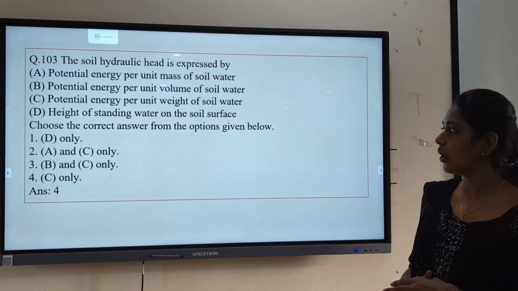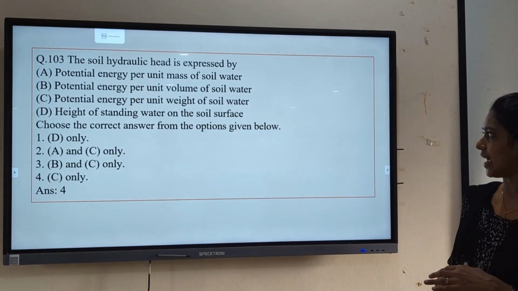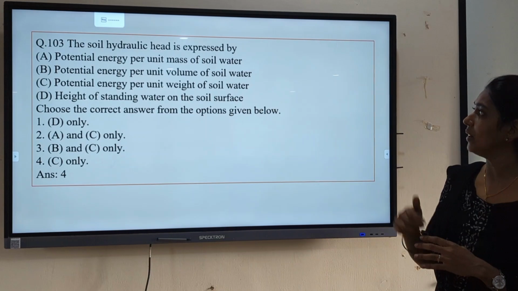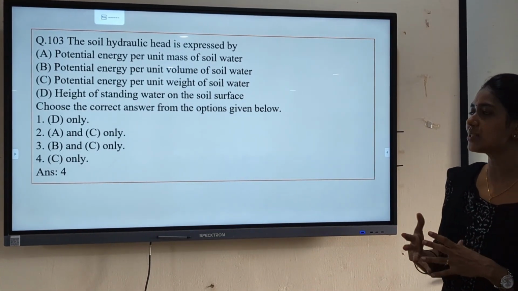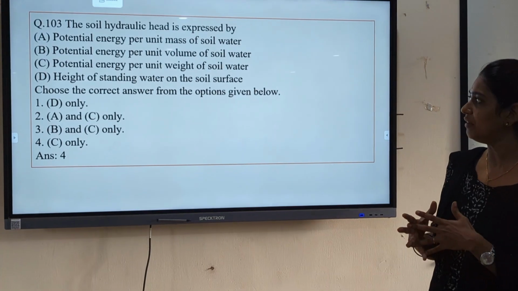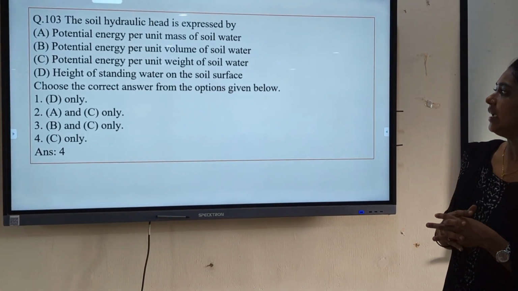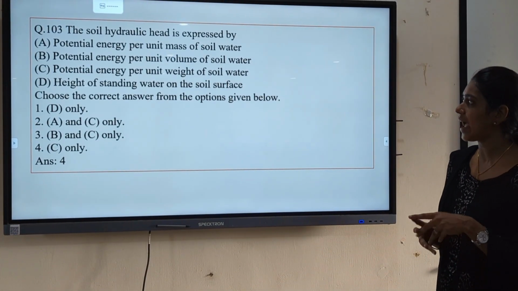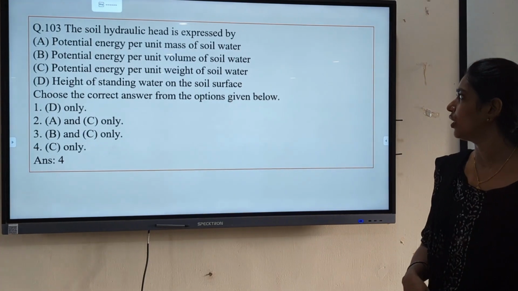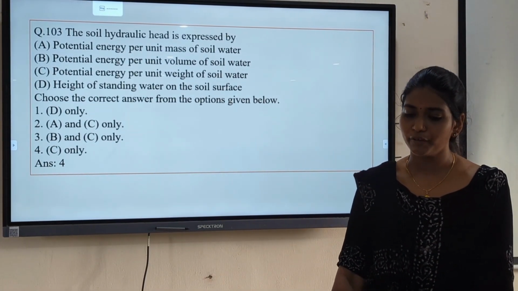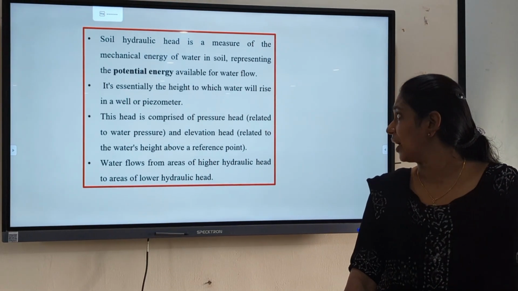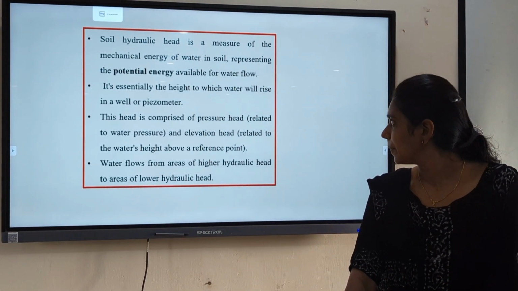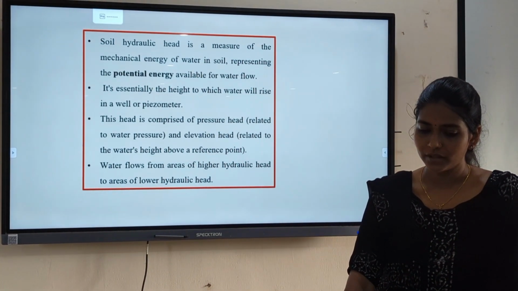And we don't want to see option D because it is related to the height of standing water. But we know soil hydraulic head is more related to potential energy, and only if you study the soil hydraulic concept clearly will you be able to say the correct answer. Here the right answer is potential energy acting per unit weight of soil water. That only we express in the form of soil hydraulic head. These are some extra notes on the soil hydraulic head, which I have already mentioned.